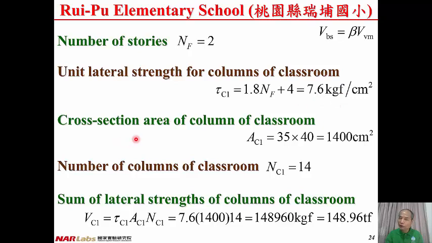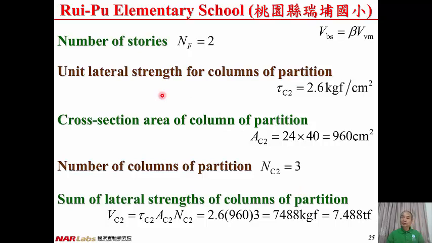And the cross-sectional area of a column of classroom, AC1 equal to 35 times 40 equal to 1400 cm square, and the number of columns of classroom NC1 equal to 14, so that the total lateral strength contributed by the column of classroom VC1 equal to tau C1 times AC1 times NC1 equal to 148.96 ton-force.